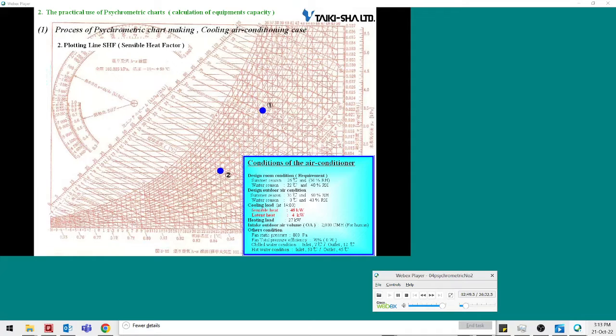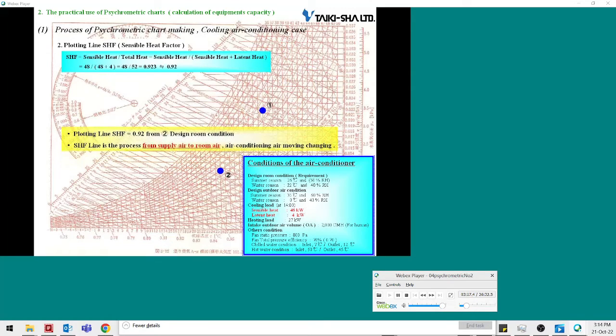Let's calculate the sensible heat factor. From the room conditions plotted at point 2, draw a line for the sensible heat factor. The SHF is determined by dividing the sensible heat variation by the total heat variation. The total heat variation is the sum of the sensible heat variation plus the latent heat variation.